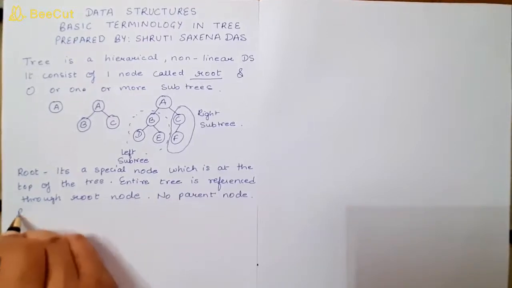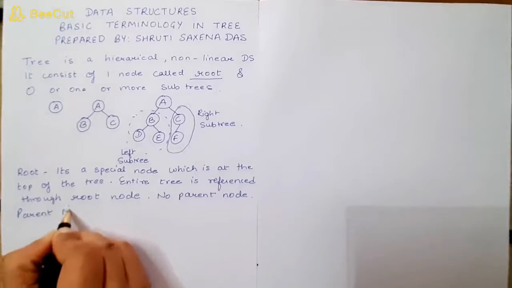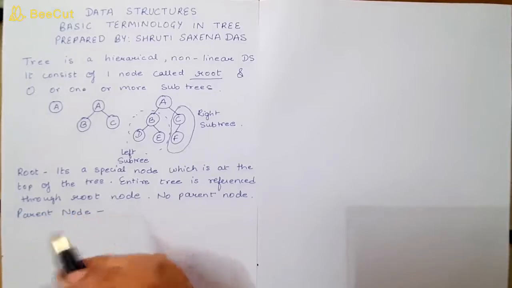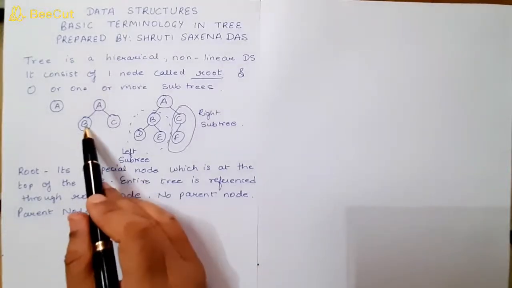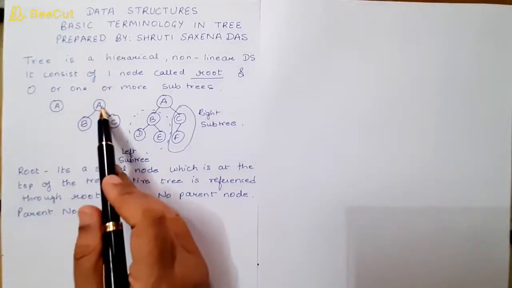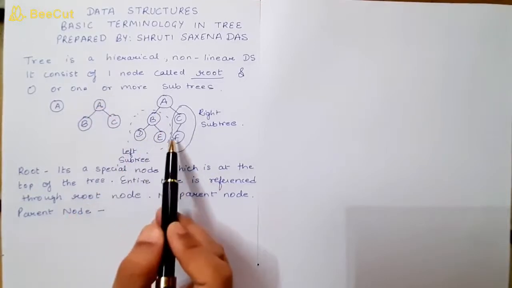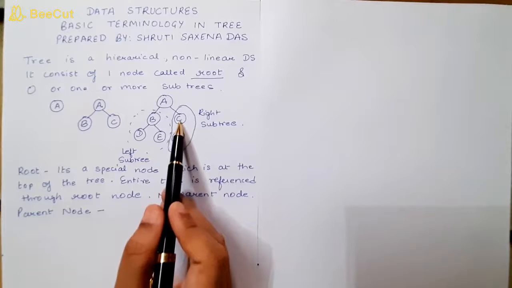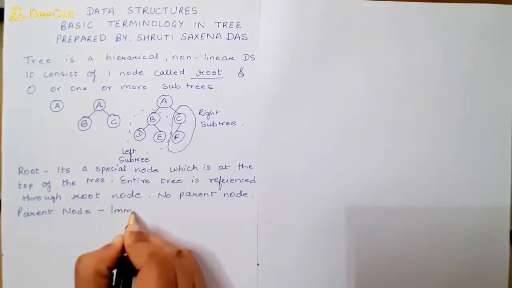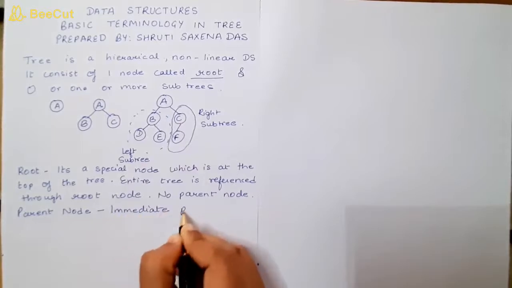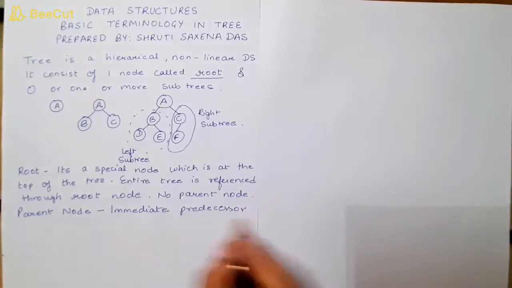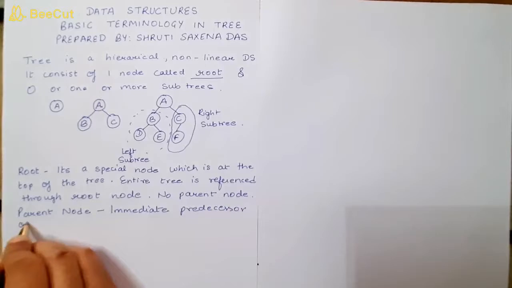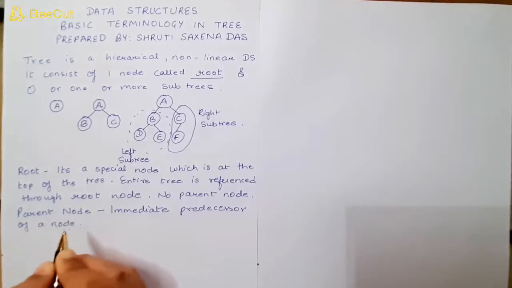Now what is a parent node? Whatever node is the immediate predecessor of a node will be its parent node. For B, the immediate predecessor is A. For F, the immediate predecessor is C. So the immediate predecessor of a node is its parent node.